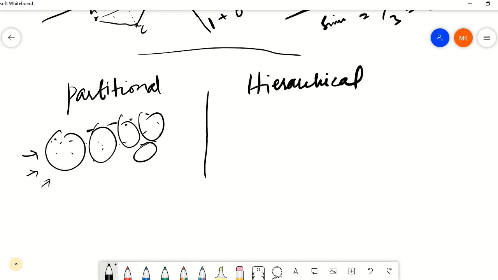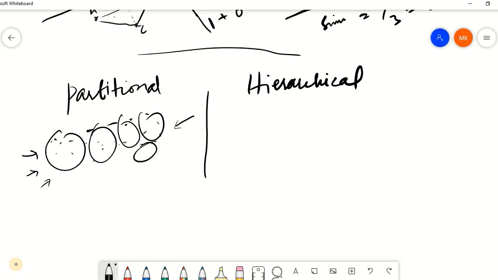In the subsequent iterations, it's going to move the objects around from one cluster to the other based on their similarity to the objects of those points until it settles at the final distribution. So partitional clustering would separate out the data points into the desired number of clusters in the first attempt, and in the following attempts it's going to improve the distribution by switching objects among these clusters.